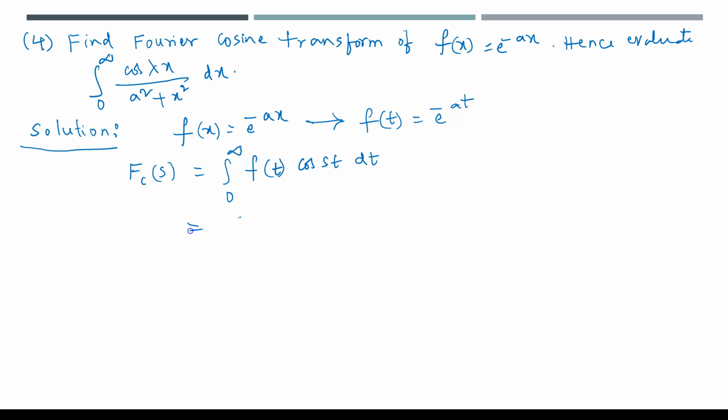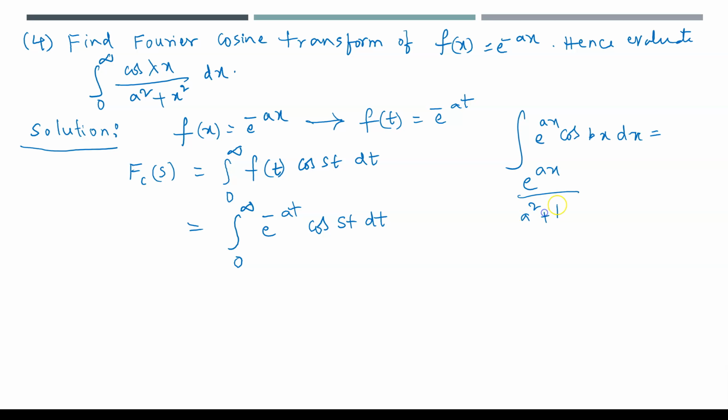So according to this formula, we get integral 0 to infinity, replacing f of t by e power minus at into cos st dt. To integrate this one, we apply this formula: integral e power ax cos bx dx equal to e power ax upon a square plus b square times a cos bx plus b sin bx. We apply this formula to evaluate the integral.